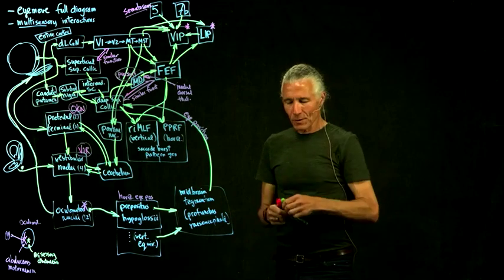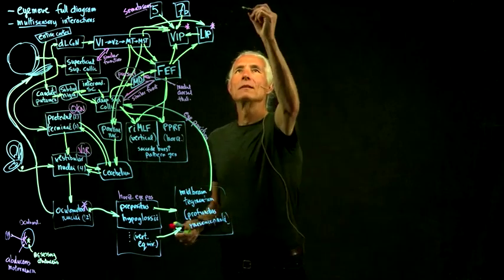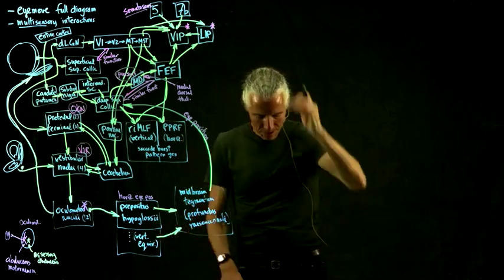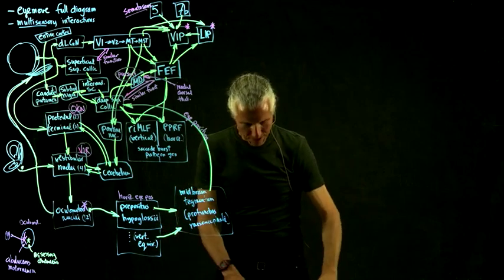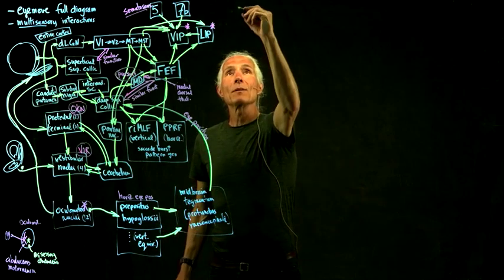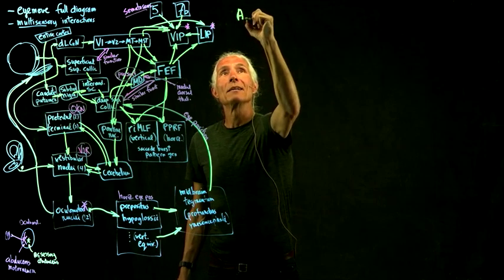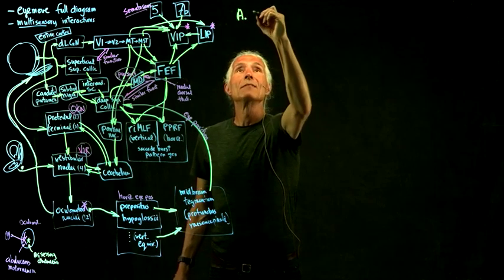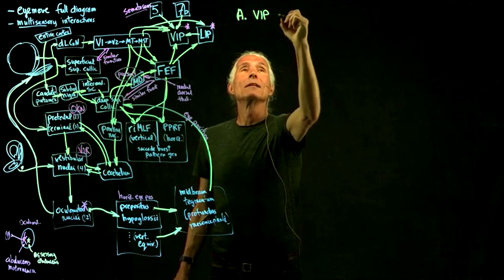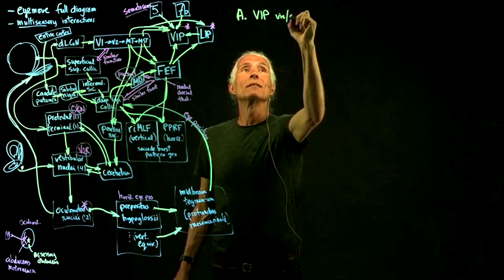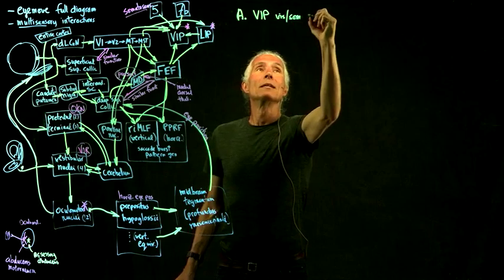So the first one, how should I do this? I'll do it side by side. Okay. So the first one is VIP visual-somatosensory alignment.